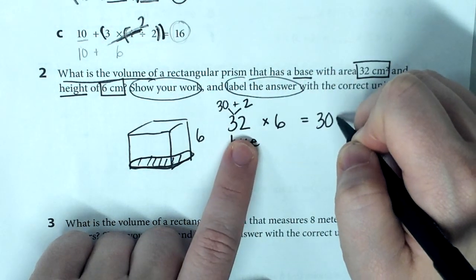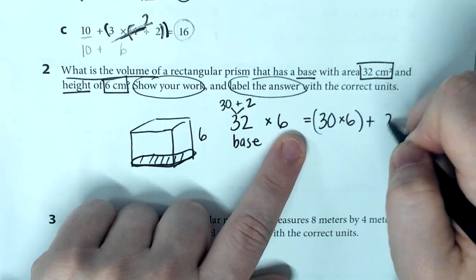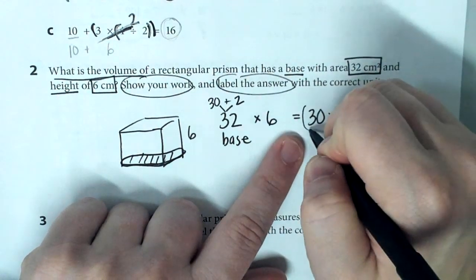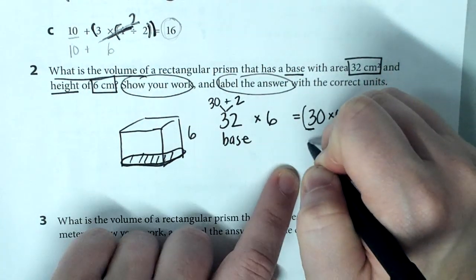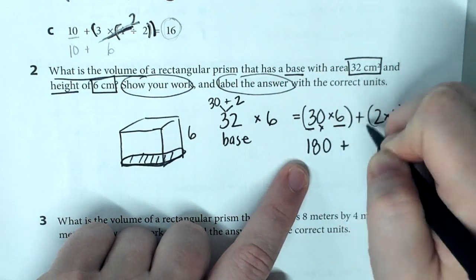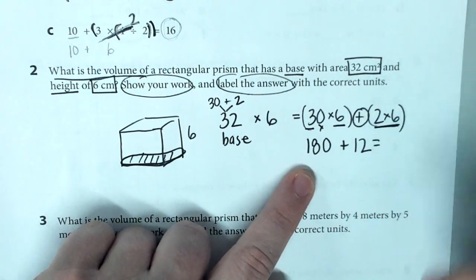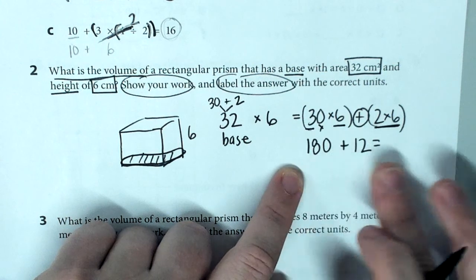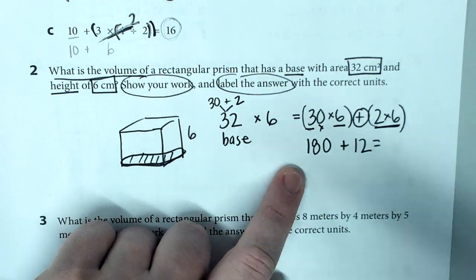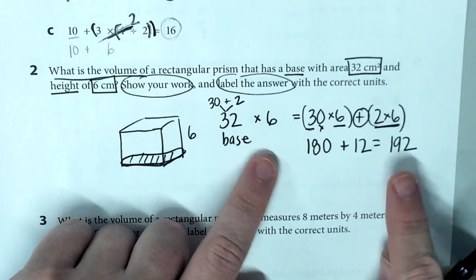So I could take 30 times 6 first, and then take 2 times 6 next, and add those numbers together. 3 times 6 is 18, and I attach a 0, plus 2 times 6 is 12. If I add these two together, I get 192.